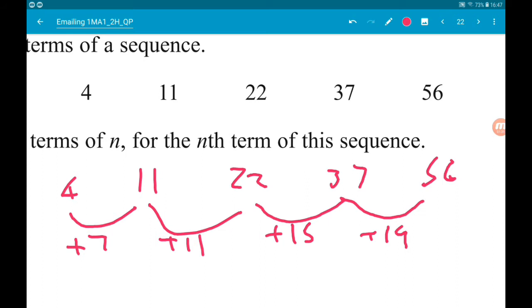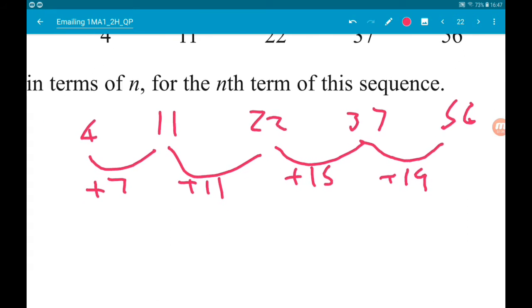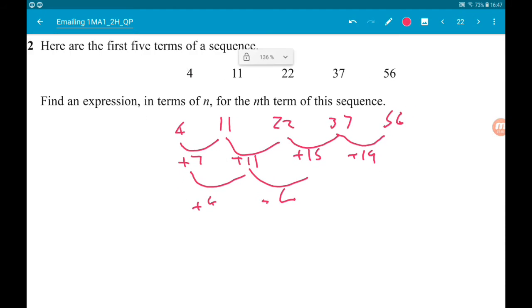Okay, so we then need to find the second difference. So 7 to 11 is 4. 11 to 15 is 4. So our second difference is 4.